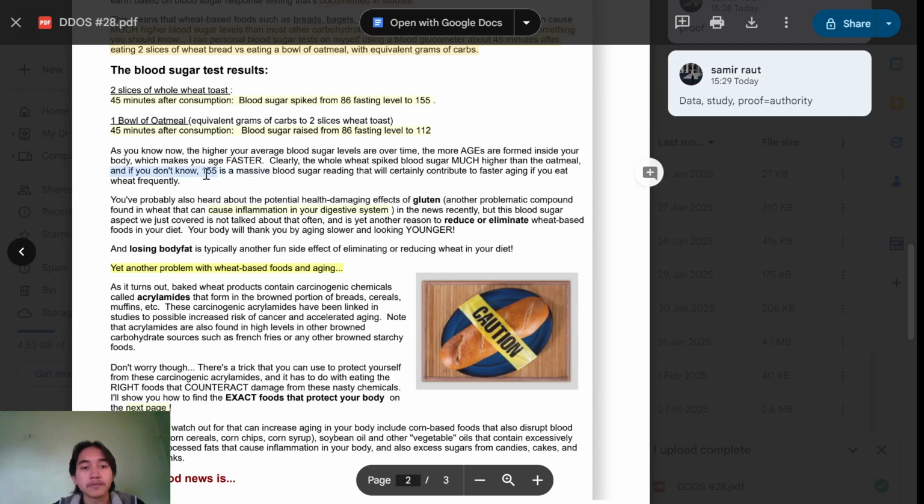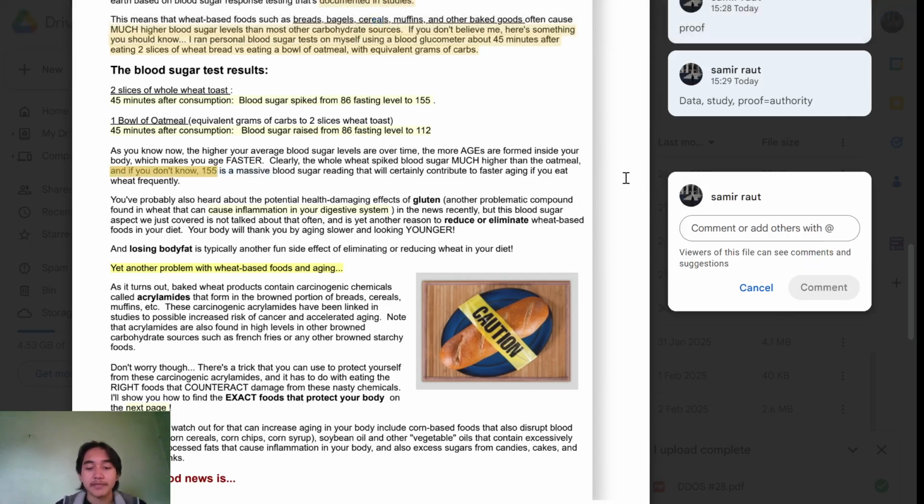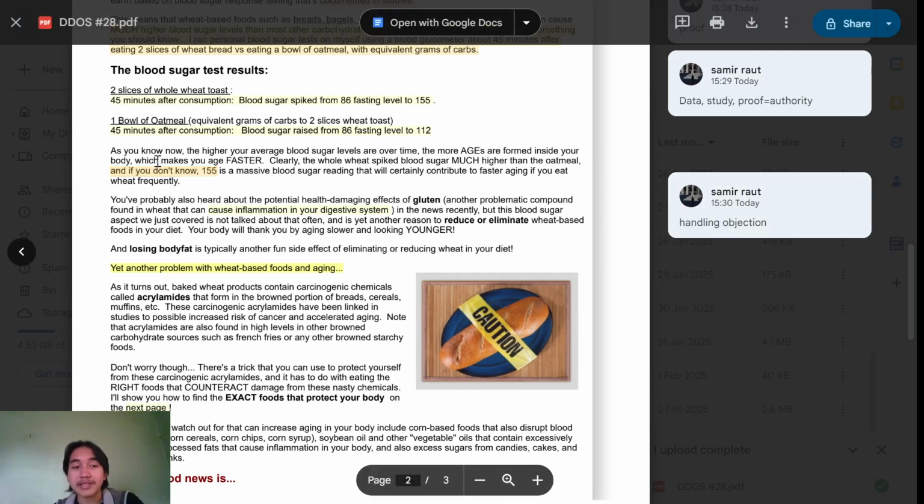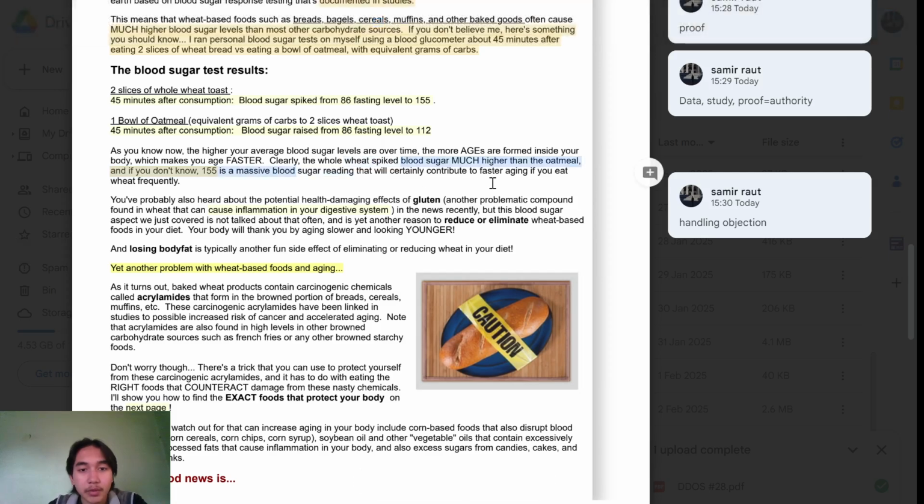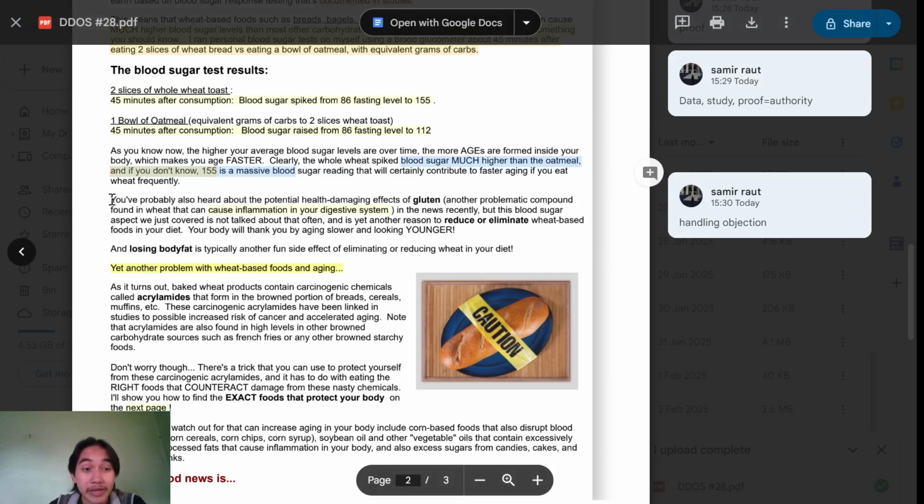If you don't know, they definitely don't know. Handling objection. Is 155 blood sugar bad or not? They don't know about that, right? So when you use this element, you just handle the objection. The massive reading will certainly contribute to faster aging if you eat wheat frequently.